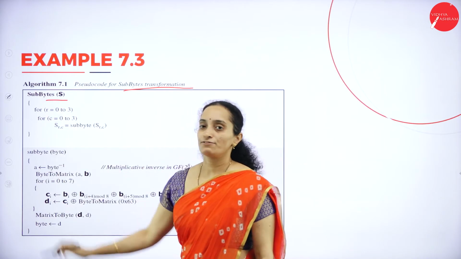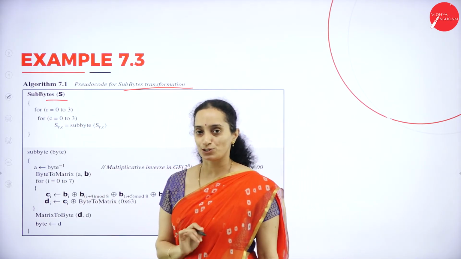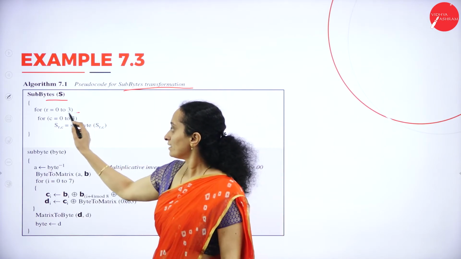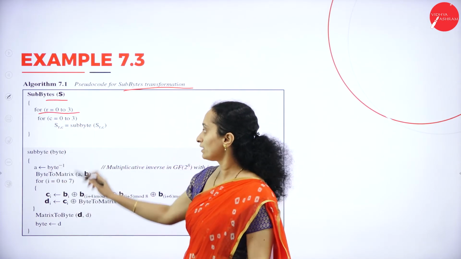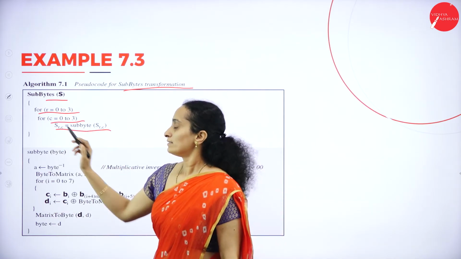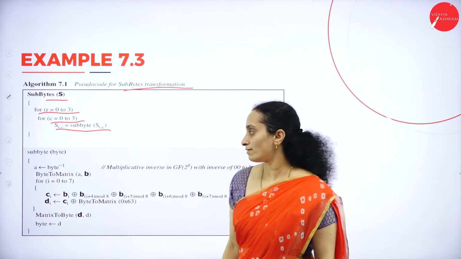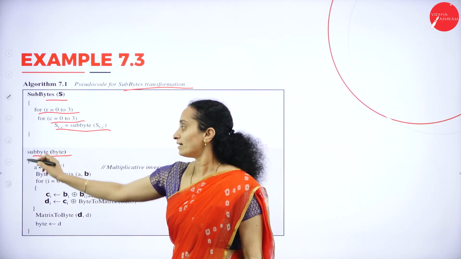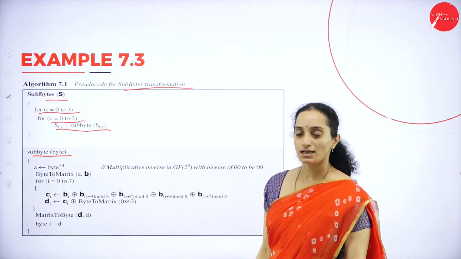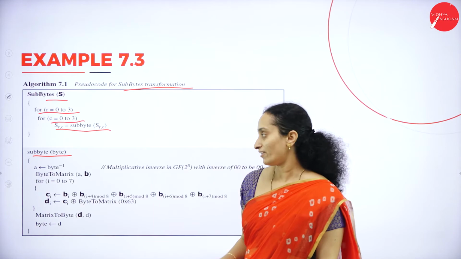Here we have the function sub bytes with an input state. It is the substitution matrix we get from row 0 to 3, from column 0 to 3, with the row and column value. Now we have the byte representation, the byte input for the sub byte function.